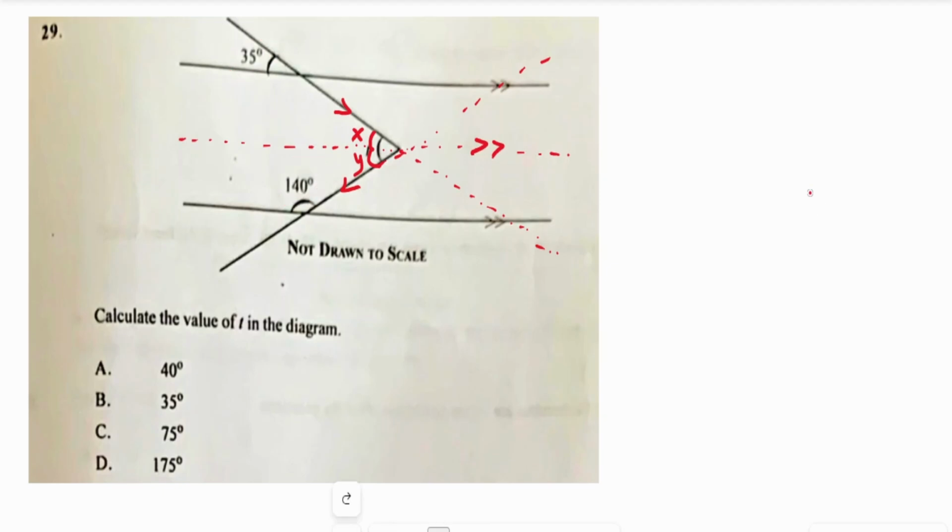Using the idea of angles between parallel lines and transversal, we'll see that the angle X and the 35 are corresponding angles because they are facing the same direction for the three lines. And corresponding angles are congruent or equal. So that means that X equals 35 degrees. And the reason is that they are corresponding angles.